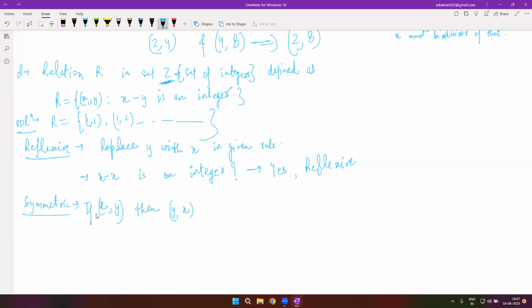So in this, you can understand it like this: if x comma y holds for the rule, consider it a true statement for x comma y.